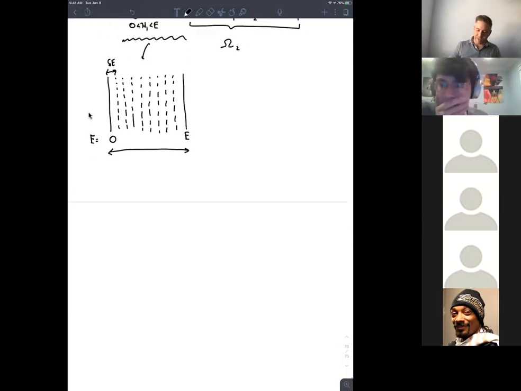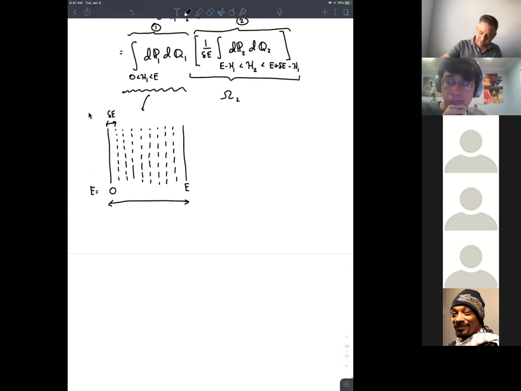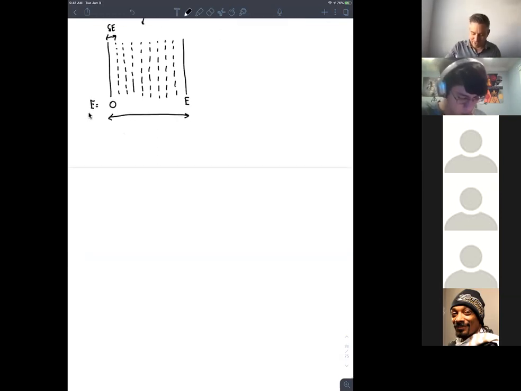That changes my limit. Instead of one integral over the entire space, I'm going to do n integrals over a bunch of little chunks. So I'm going to rewrite this as the sum over n of the integral from n delta E less than h1 up to n plus 1 delta E.